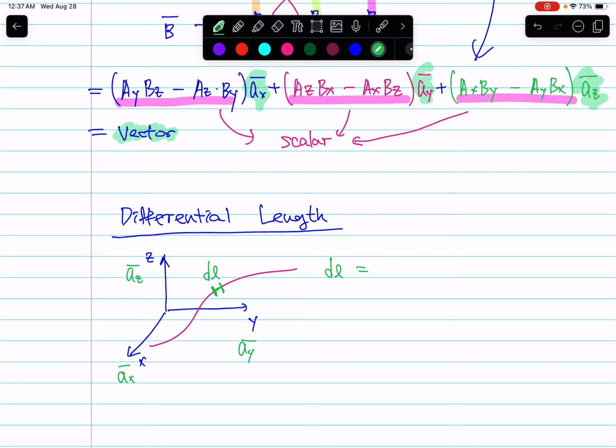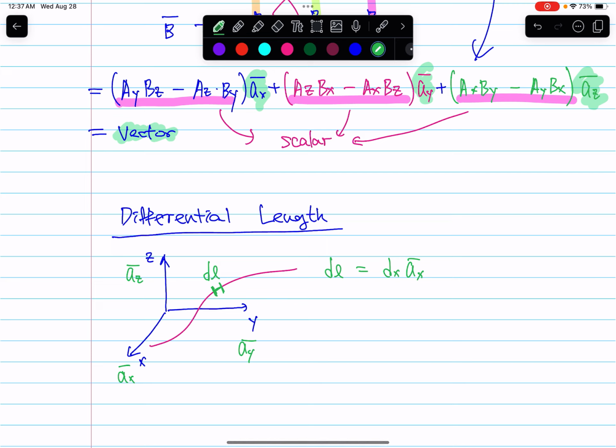So there will be a little increment in the x direction. We call this dx, a tiny amount in the x direction, that has to be multiplied by ax because that's the x-axis contribution.